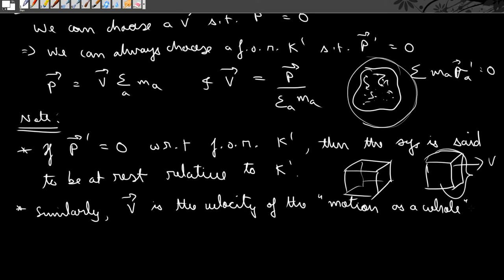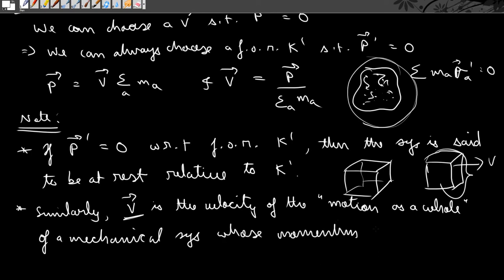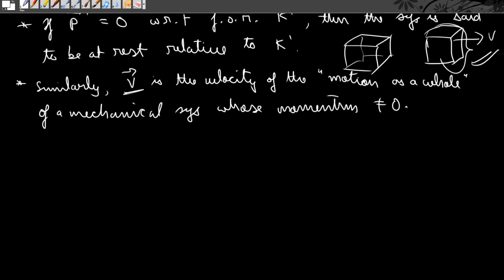What I mean by this is that not every particle is going to have the same velocity given by capital V. I am talking about the entire system as a whole. Okay, so motion as a whole of a mechanical system whose momentum is not equal to 0, and that is what I explained in the case of this example.